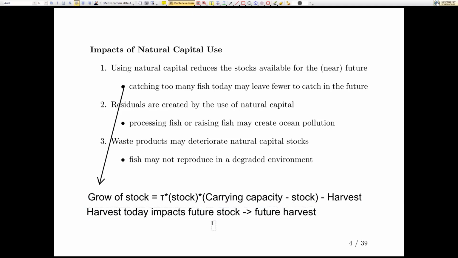This is something for natural resources, but if you want a more technical representation of it, this is it. Residuals are created by the use of natural resources. If you use it and create pollution, waste may deteriorate natural capital too. If we put too much pollution in the environment, then fish may not reproduce.